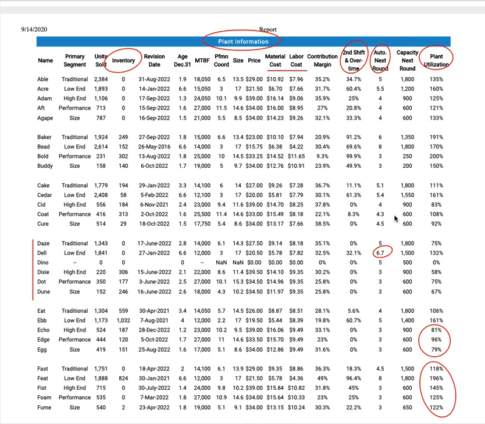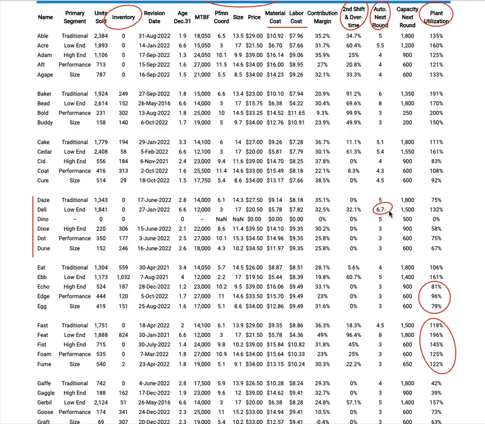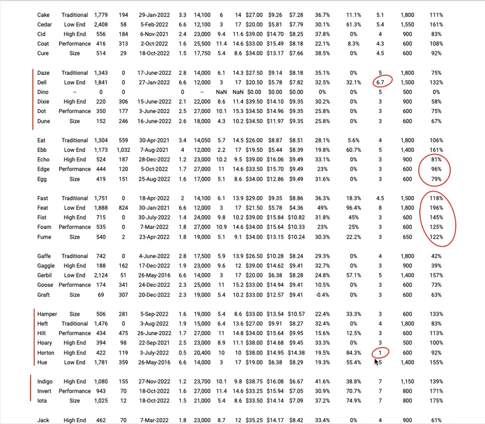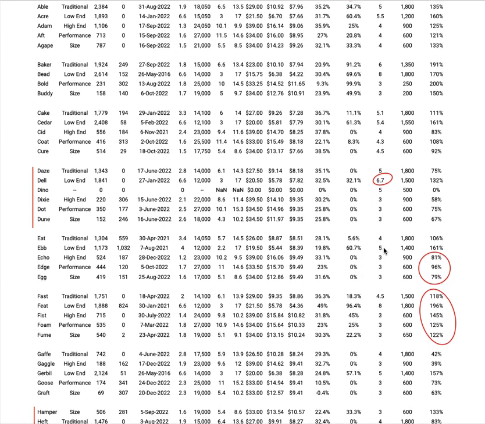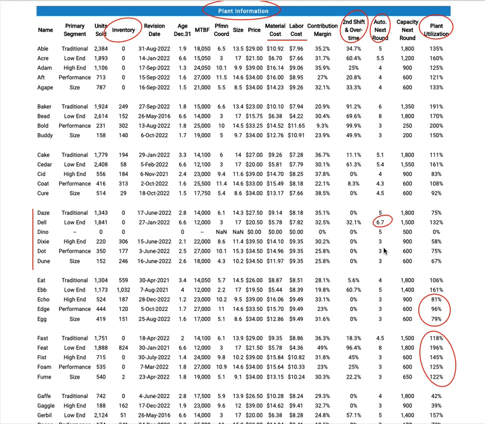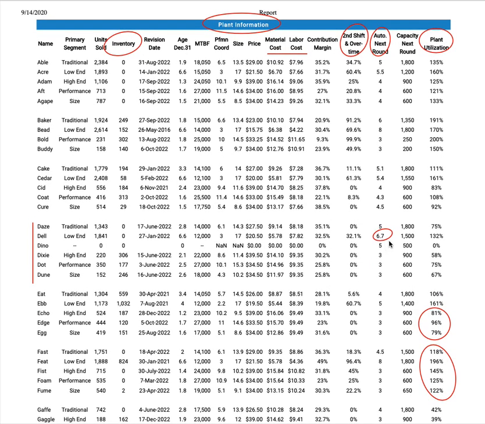Next one is automation. You can see some of the teams have automation 6.7, while for some products, teams have automation 1. Higher automation means machines make the product. So if you want a higher production, your automation will be higher.